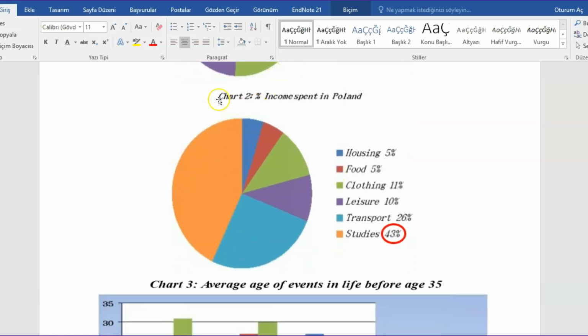And in chart 2, which is regarding Poland, there is a great difference, right? The majority of expenditure is for what? Studies, and after that transportation, with 43 and 26% respectively, and the minority is for housing and food. Okay.